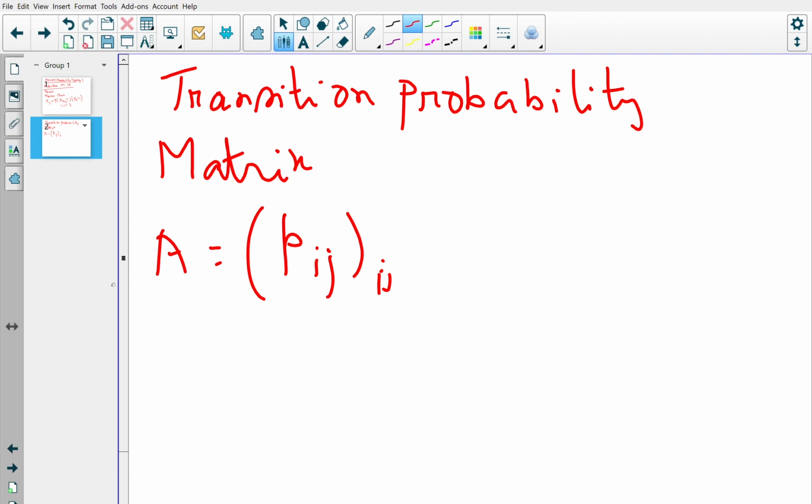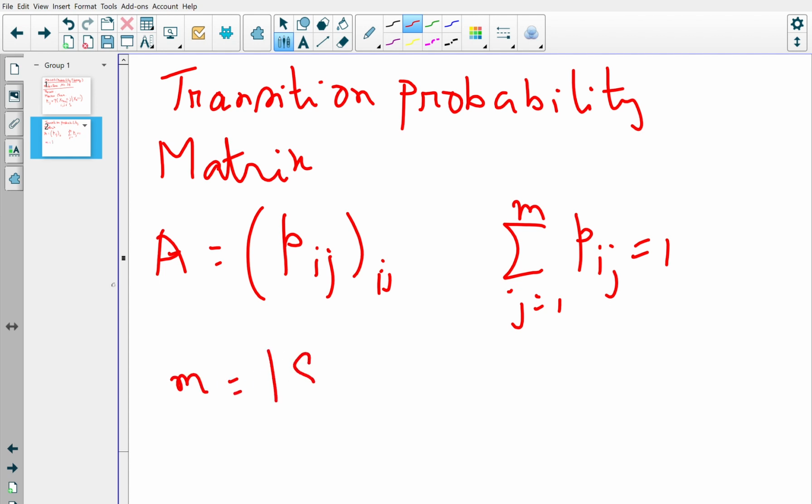With the help of the transition probability matrix, the condition was that the summation of Pij over j equal to 1 to m equals 1, where m is the number of states in the state space. I'm assuming that this is finite. Obviously the number of states is finite.